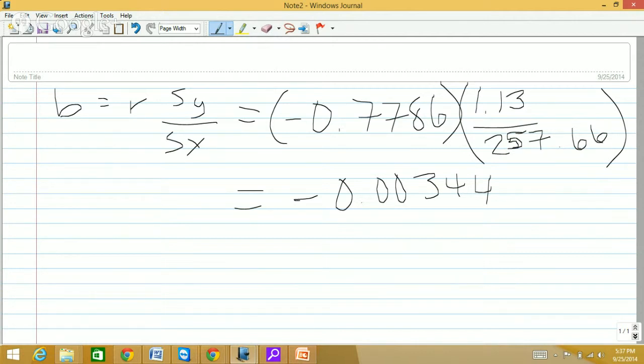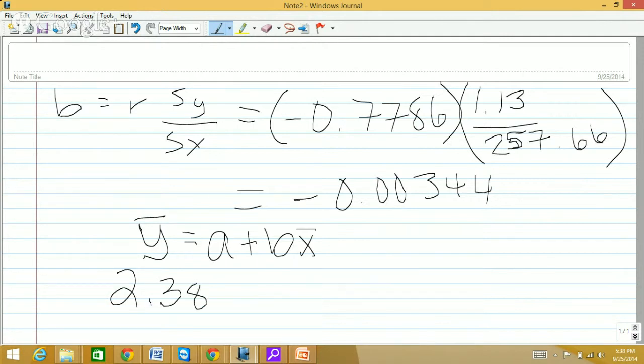To find the y-intercept, we're going to use the fact that the least squares regression line goes through x bar, y bar. So we're going to use y bar equals a plus b x bar. And we're going to use our y bar, which they gave us, 2.388. And we are looking for A, so we don't have that to plug in.